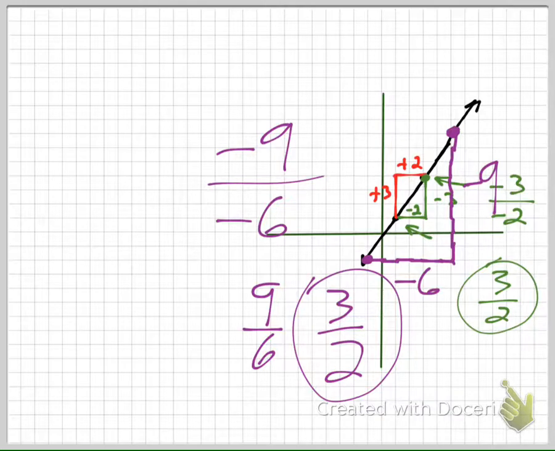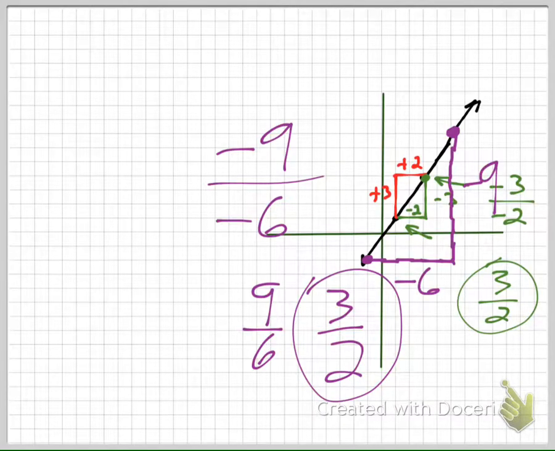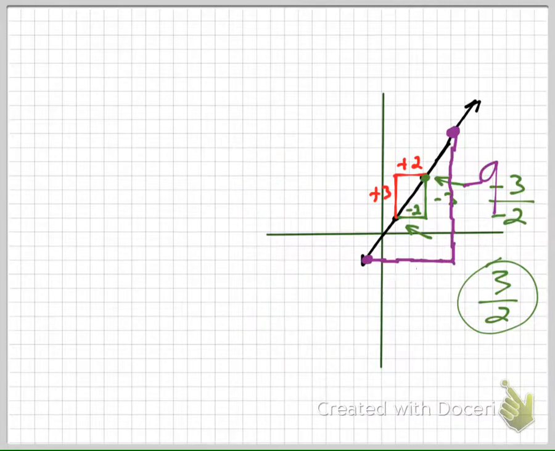It doesn't change the slope. Whether it's way down there or way up, this slope right here is 3 halves. Make sense? Okay, let me go back to this whole thing here. I'm going to go back to the original question.